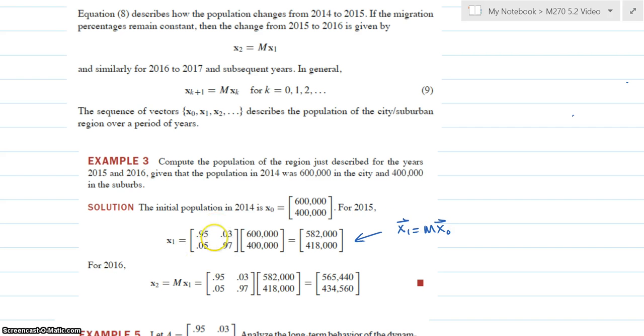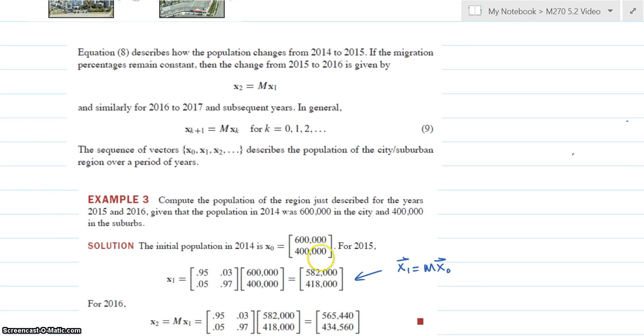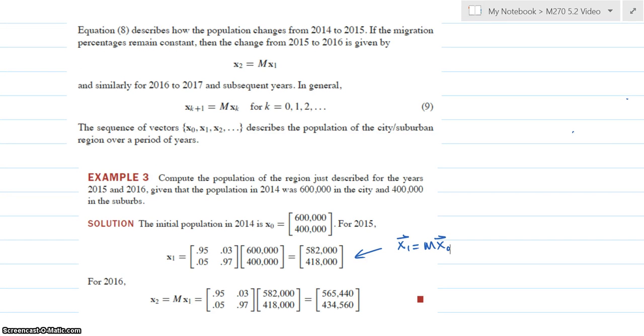So we're taking our migration matrix, which is what we have here, and multiplying it by our x0. And then x2 is M times x1. So we take the same migration matrix, but now we take x1 to get 2016. Again, this one is the population in the city, this is the population in the suburbs. And it looks like each year people are moving away from the city into the suburbs.